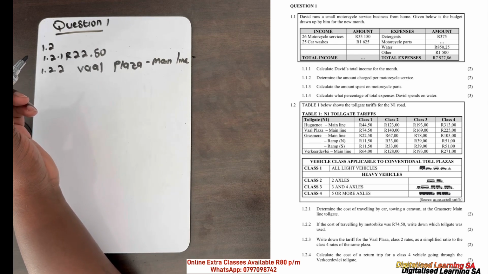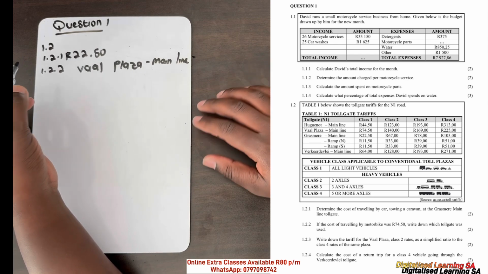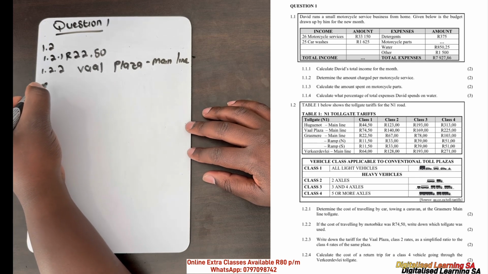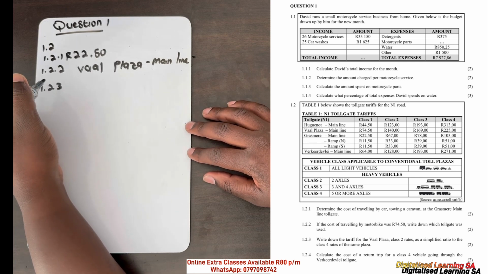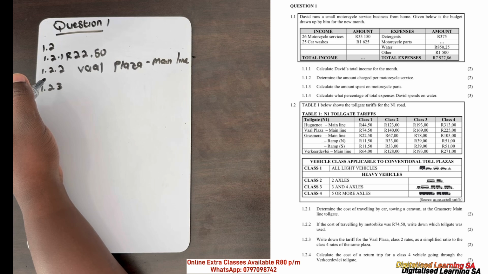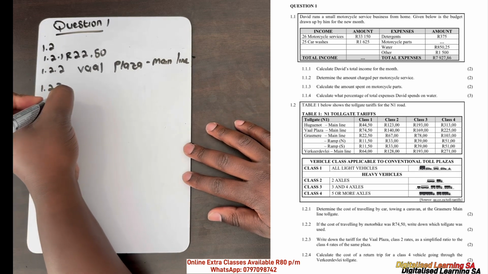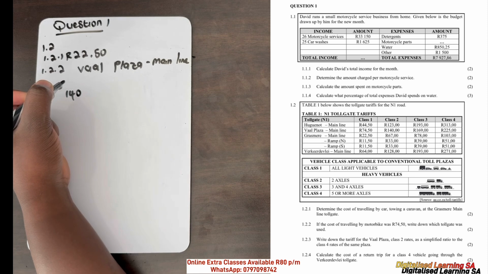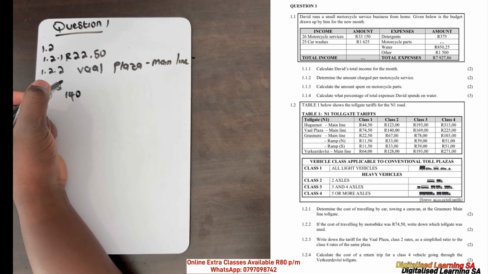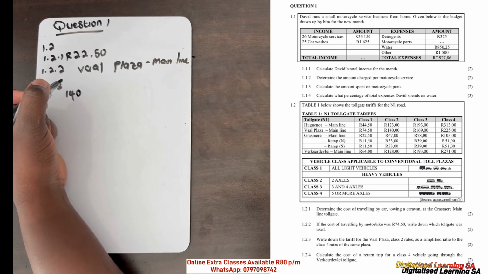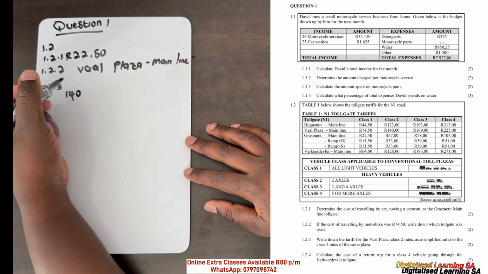So now let's move to question 1.2.3. Question 1.2.3 says, write down the tariff for the Vaal Plaza class 2 rates. So Vaal Plaza class 2 rates, it is 140. Okay. And then we are also told to write it as a simplified ratio to the class 4 rates of the same plaza.